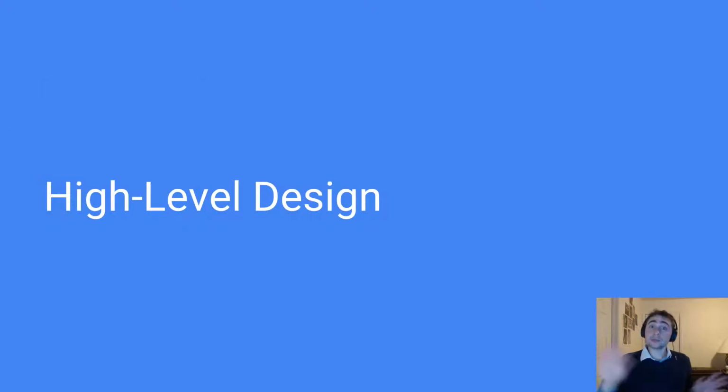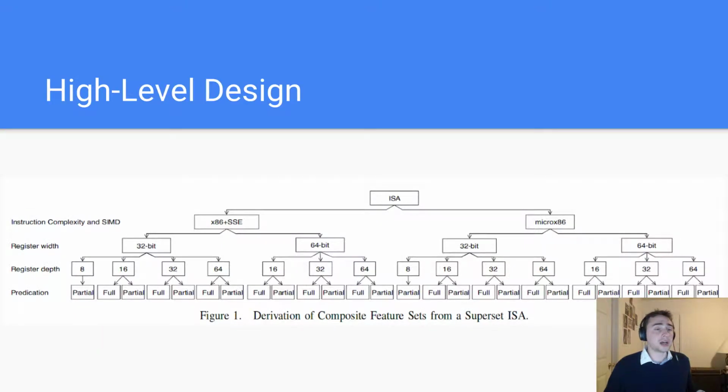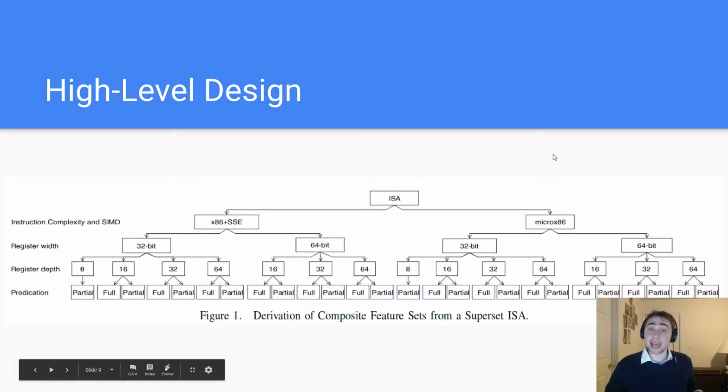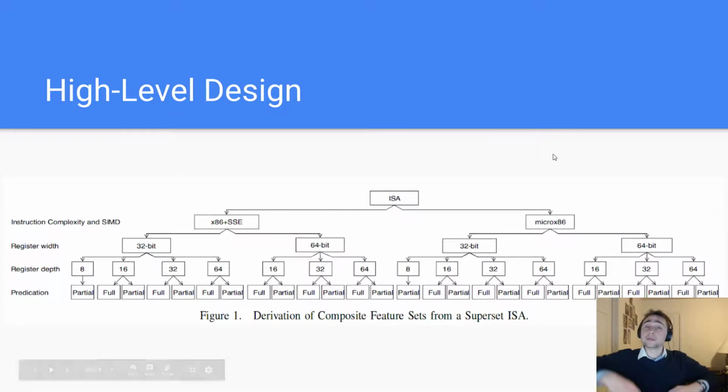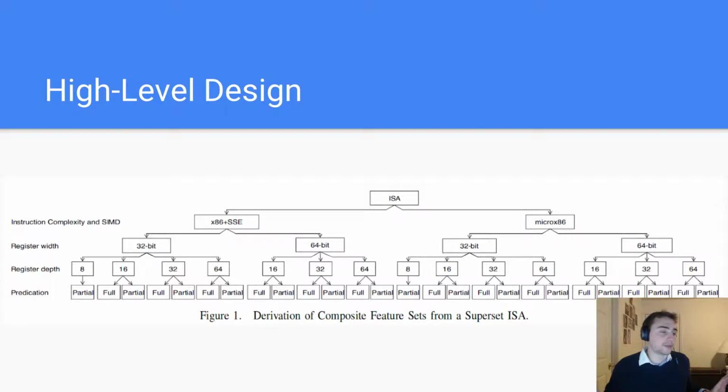So high-level design, what did they do in this actual paper? The entire idea is to have a superset ISA. In this case, they're specifically targeting an x86 ISA, and in their big superset ISA, they include all possible features that they can have. So not only is it full x86, but it has full SIMD support, and the multimedia extensions for SIMD and vector instruction support.